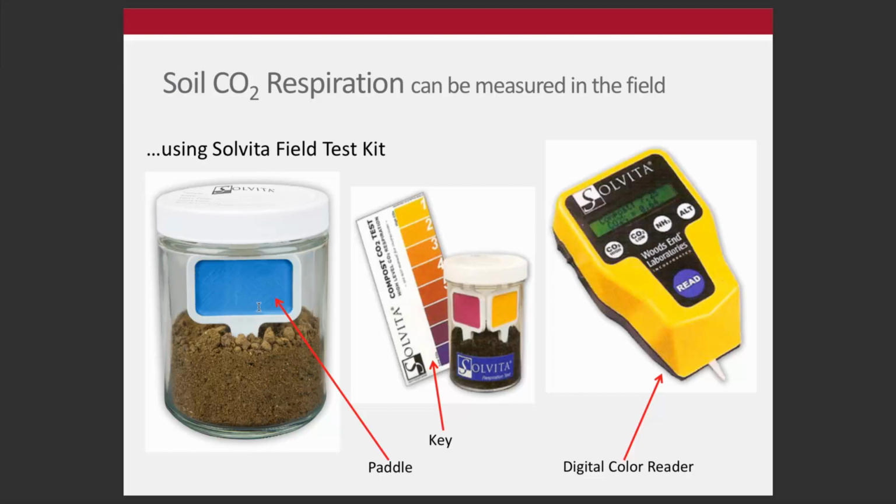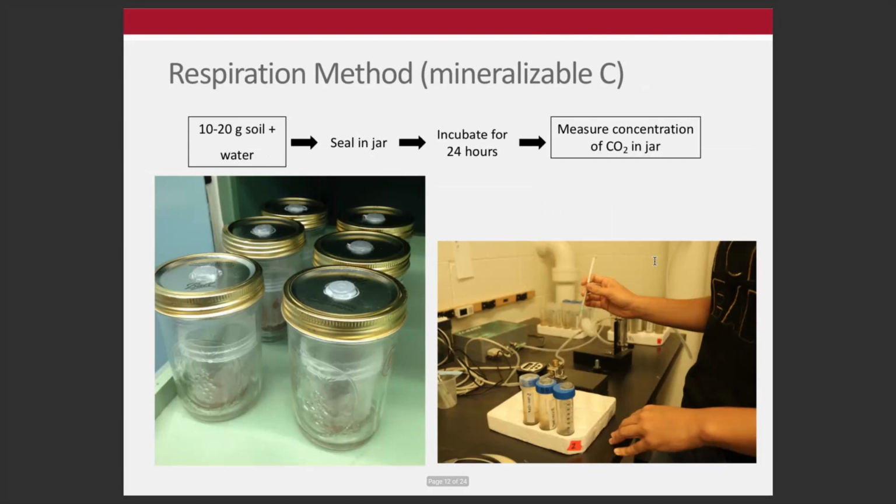As that CO2 diffuses from the soil into this paddle, that paddle will change colors with an indicator dye. So it's really the CO2 acidifying this paddle, and that is what changes the colors. You can read that with just a color chart, or they've got these digital readers that will do a little bit more precise job. So this is something that you can buy and just run in a commercial lab. You can run it as a farmer. There's a number of different things, and this can be done in the field as well.